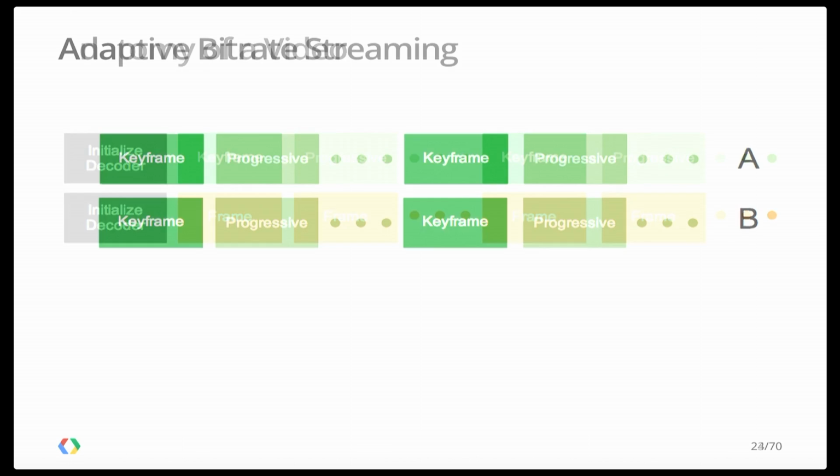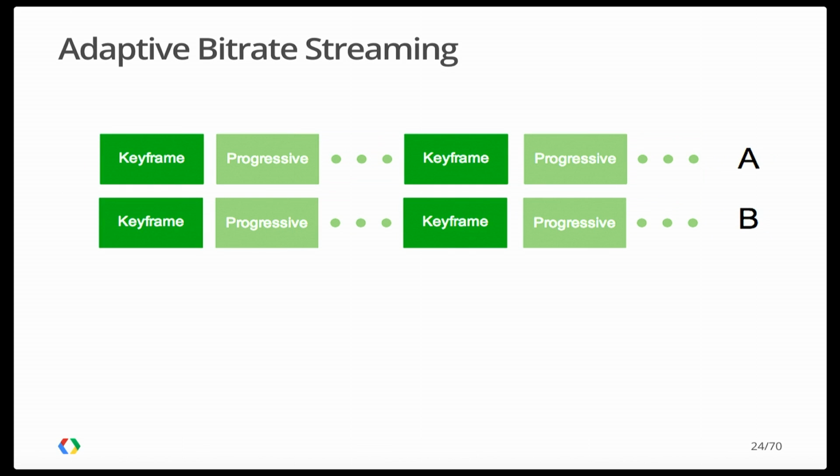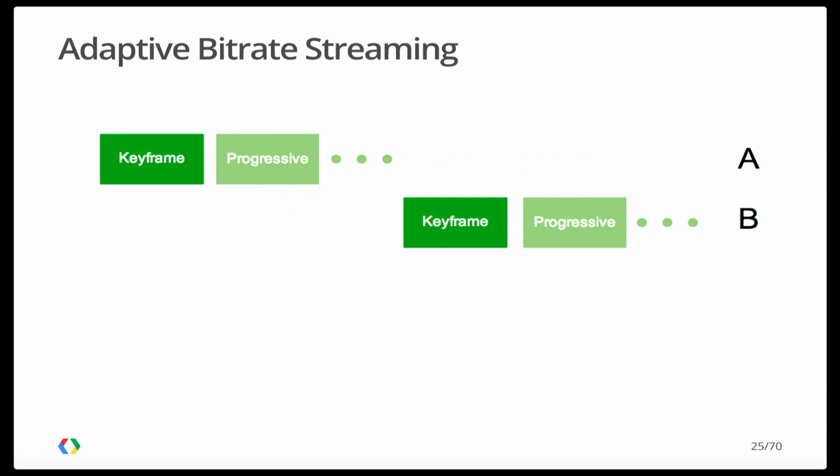So let's go into how we do adaptation. One of the big things that we're able to do now is switch between streams. So here we have two streams, A and B, and we detect that there's a change in the network, right? And what we want to do is make a switch.